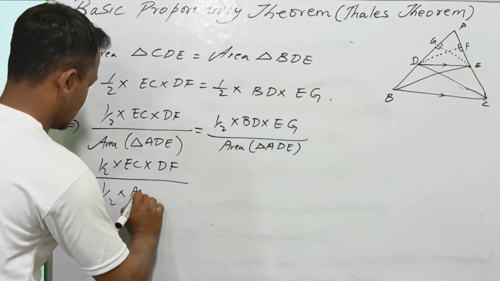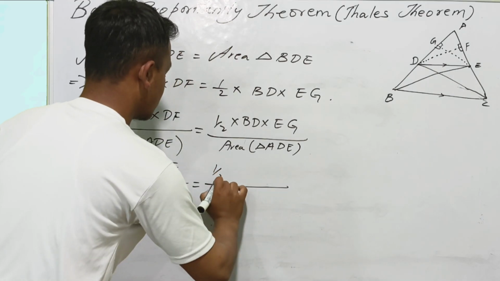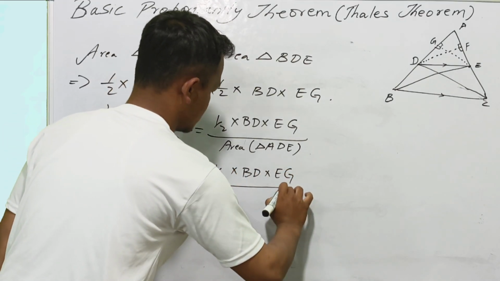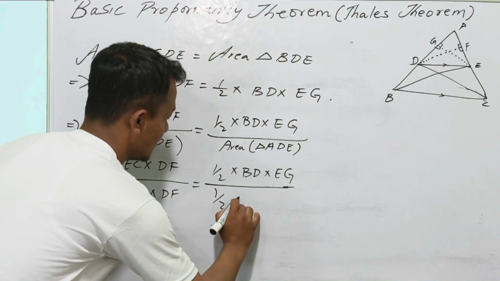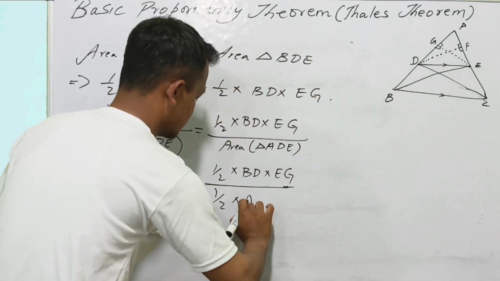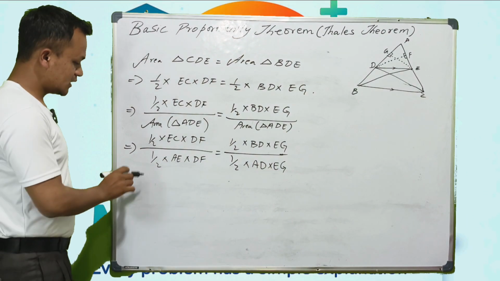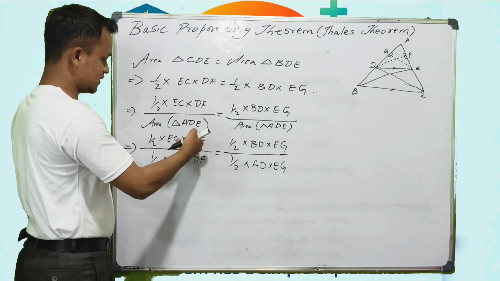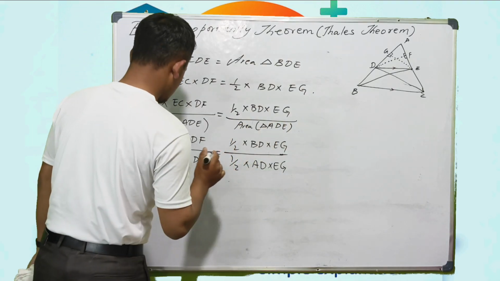And similarly on the right side, from the other equation, both of them from equation 1 and 2, we can write half into AD into EG. As we can see here, this half and half can be cancelled out, and similarly DF is the perpendicular, EG is also the perpendicular.